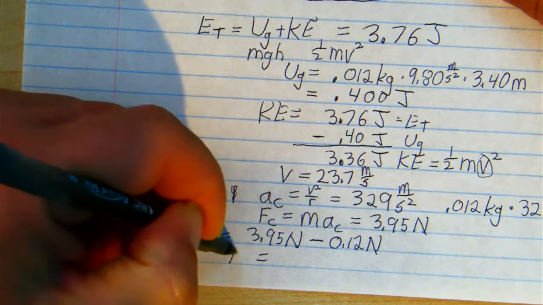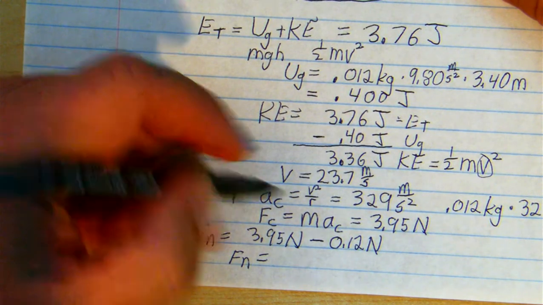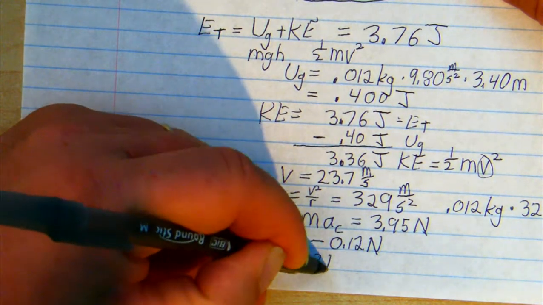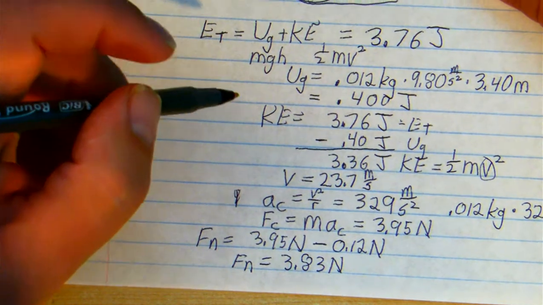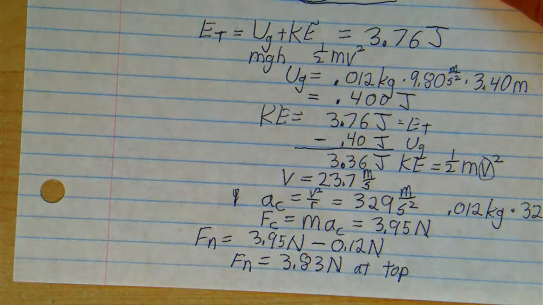So in this problem, the normal force is 3.83 newtons at the top of the loop. Oh man, the period's ending.